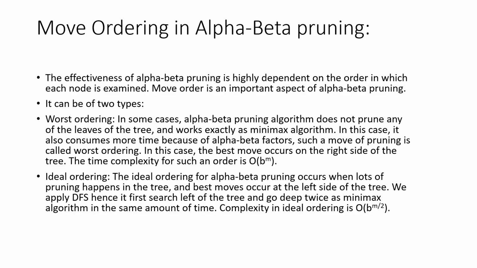Most commonly we first explore the left side. If we have good moves on the left side, we will get high pruning, and bad moves on the right side mean no pruning. Since DFS goes to the left side, put the best moves on the left. That is the ideal ordering. Putting the best moves on the right means the worst ordering.